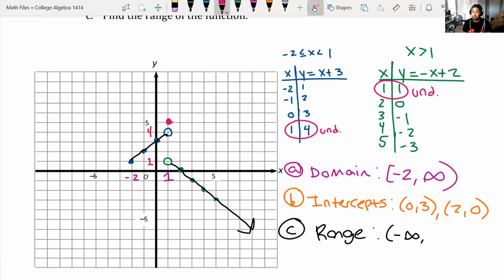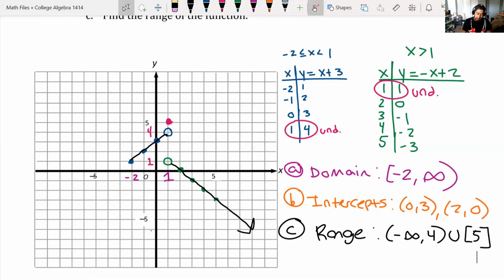So it's going to be negative infinity to 4, not included. And then it begins again at 5. So 5 is included. So the way we state this is union bracket 5. That's it. Negative infinity to 4, union 5.